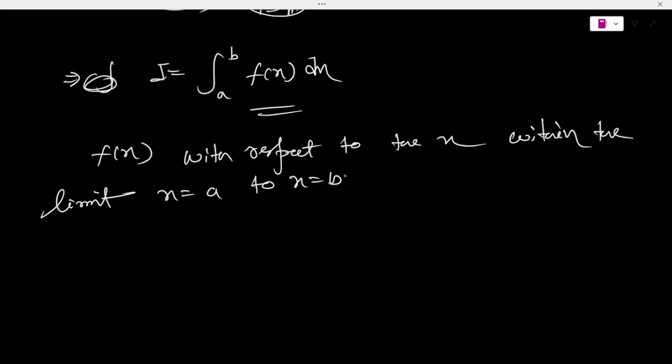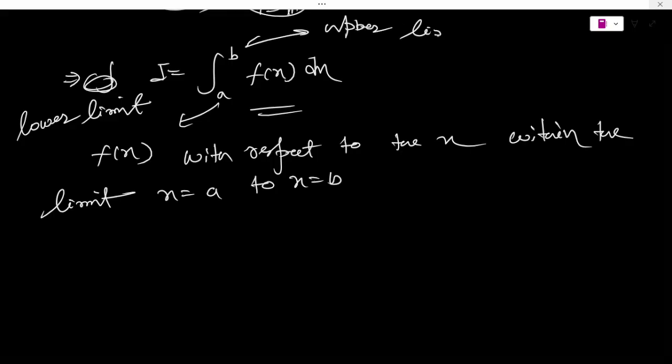Here a is called the lower limit, and b is called the upper limit.